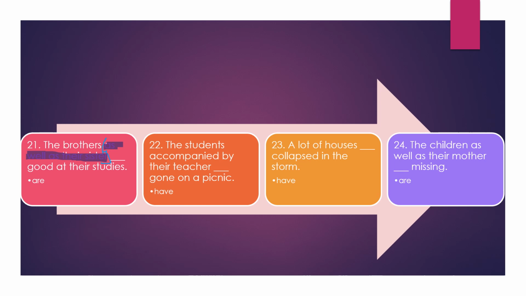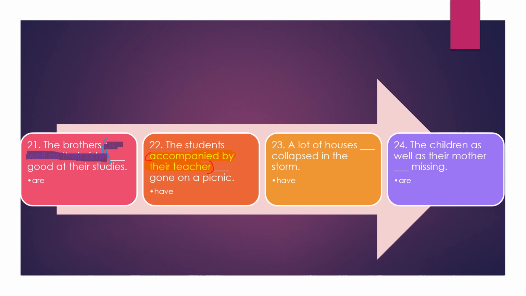The students accompanied by their teacher dash gone on a picnic. So again, the students accompanied by, I will start my bracket from here, accompanied, and close it here, put this entire thing within the bracket, ignoring them, considering them as hidden, means it is not to be considered while you're placing the verb.